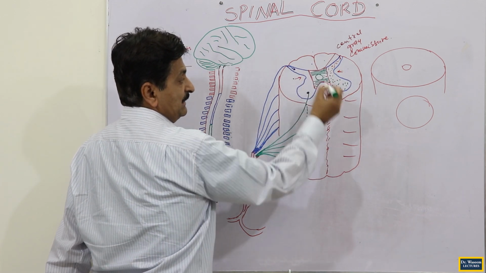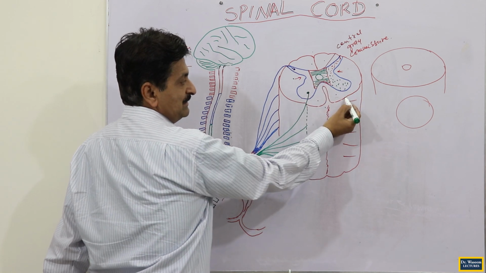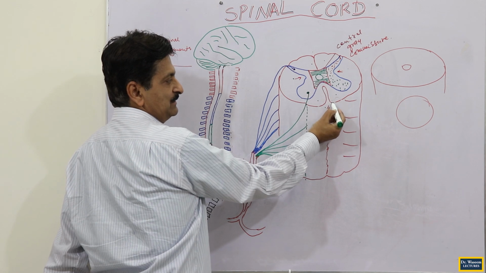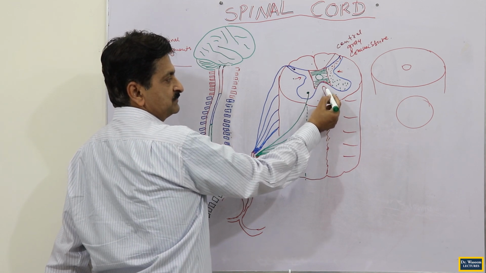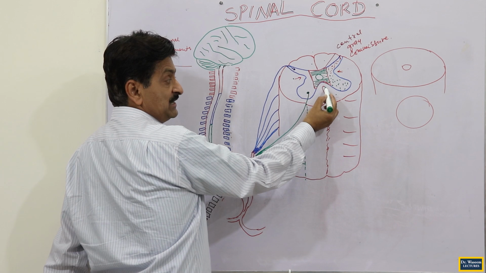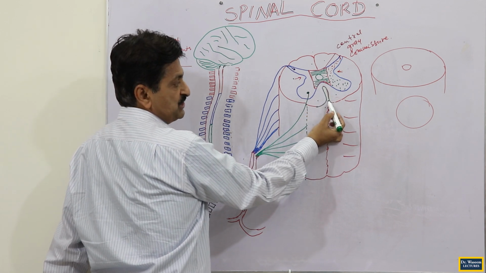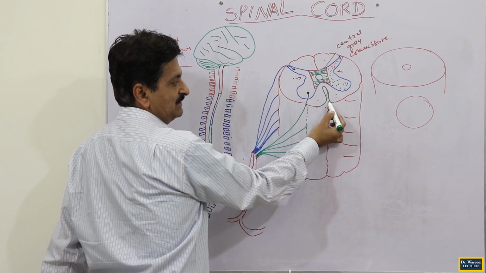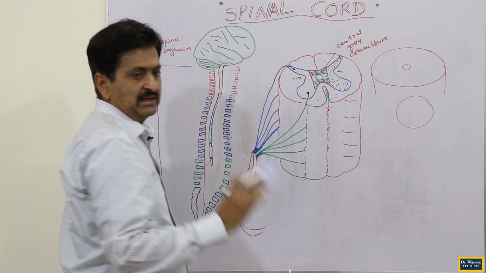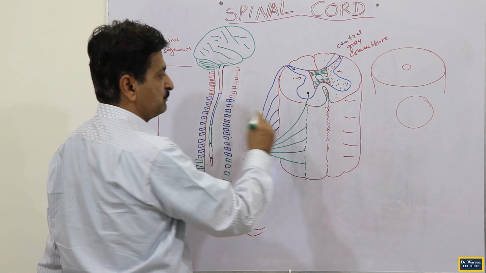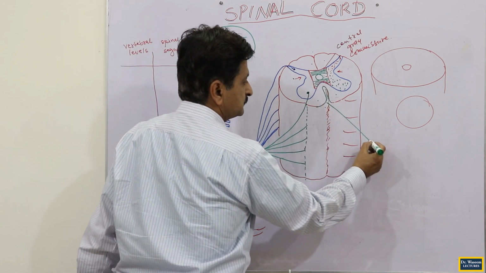At the midline, anteriorly and posteriorly, the spinal cord has dipped inside here. It will not touch the anterior gray matter, and after a gap returns back. So a fissure is created here, in the anterior side in the midline, which is why I call it the anterior median fissure.